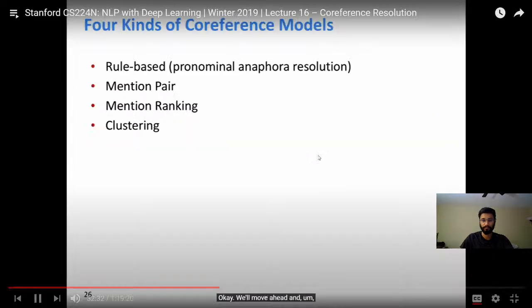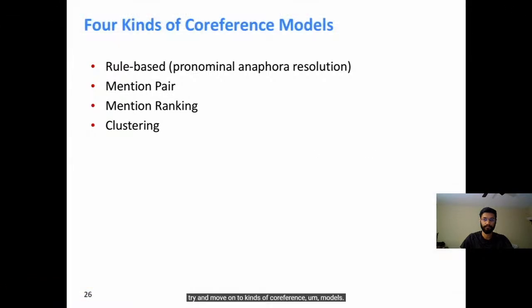Okay, we'll move ahead and try and move on to kinds of coreference models. So I wanted to tell you as much as I can in the 45 minutes left about the kind of models people build with coreference, and I hope to mention quickly 4 different ways that people have looked at coreference.